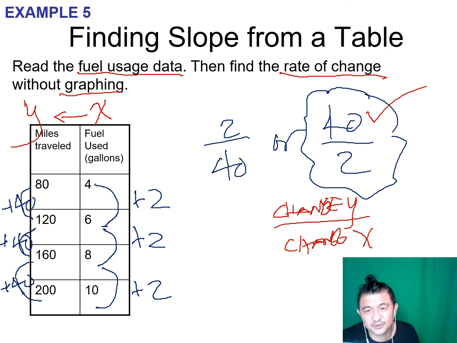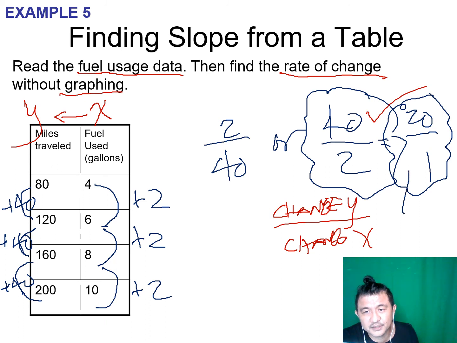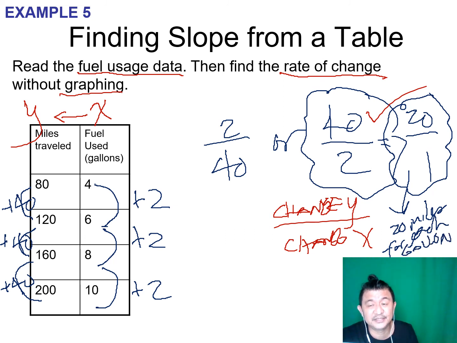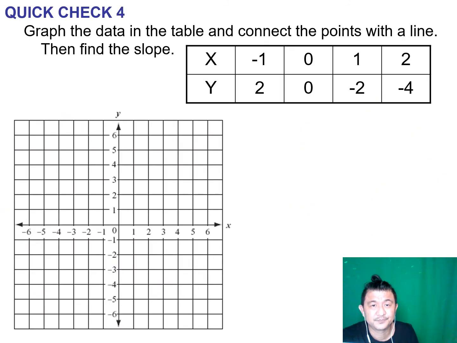So this is the correct one. But there's a simplified version of that. Divide by 2, divide by 2, 20 over 1. What is the meaning of 20 over 1? Okay, the fuel usage is 20 miles for each gallon of fuel. All right, that's the meaning of those numbers.